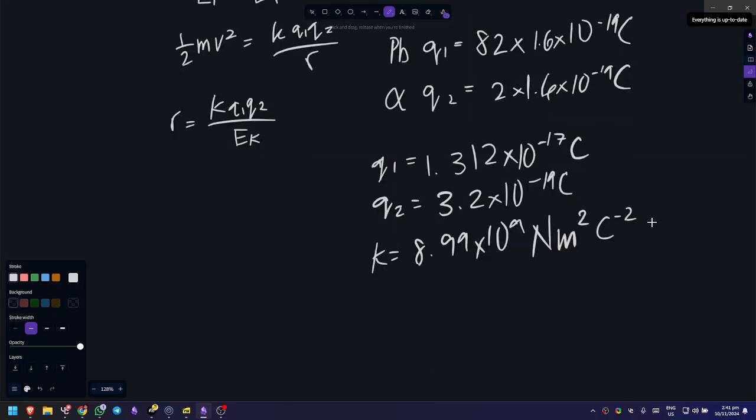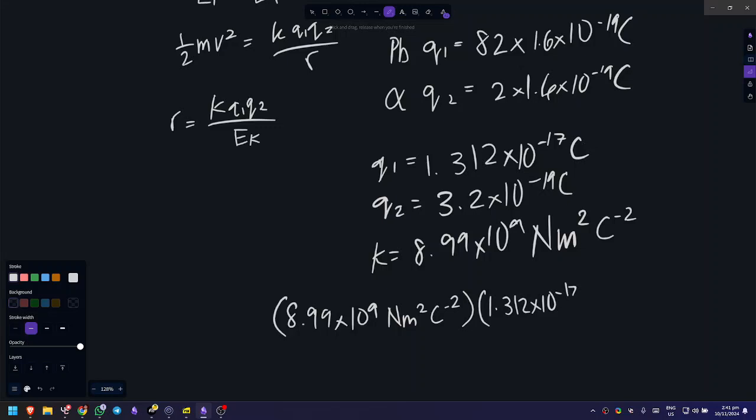So now we have 8.99 times 10 power 9 newton meter square per coulomb square, times 1.312 times 10 power minus 17 coulomb, times 3.2 times 10 power minus 19 coulomb.